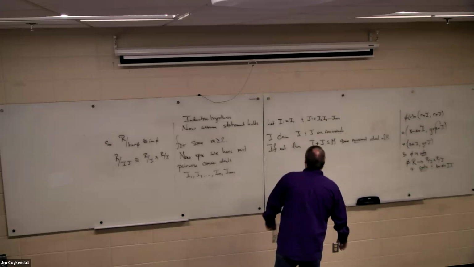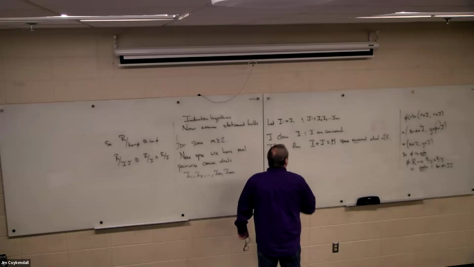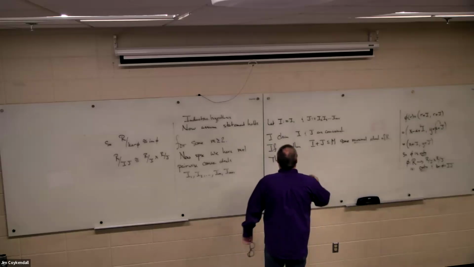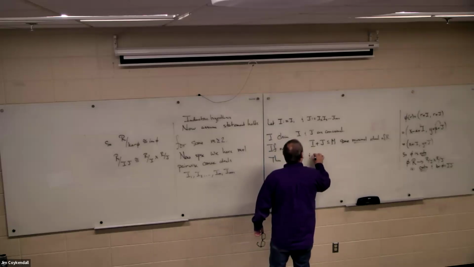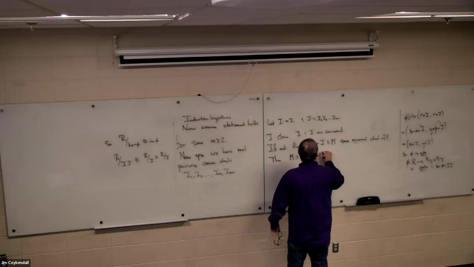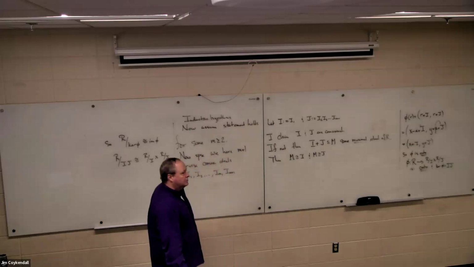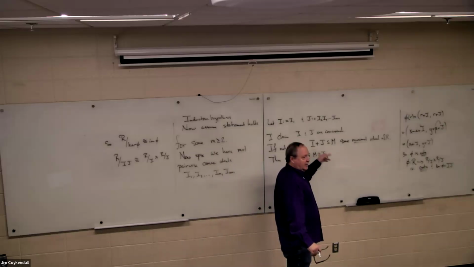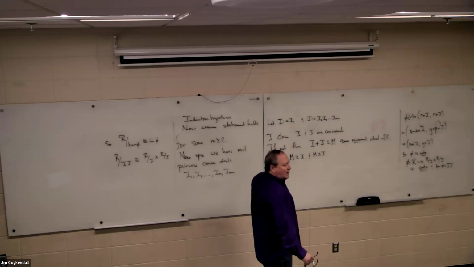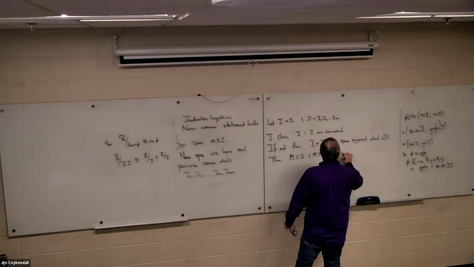Now, if that's the truth, then M contains I and M contains J. Because it contains the big one, so it has to contain the pieces that make it up. Well, but J is I2 I3 up to I m plus 1.